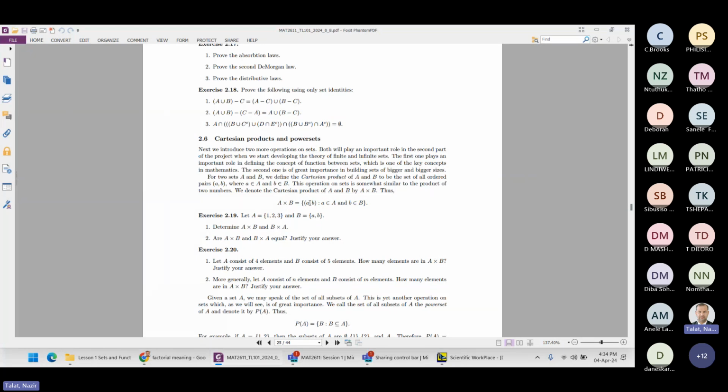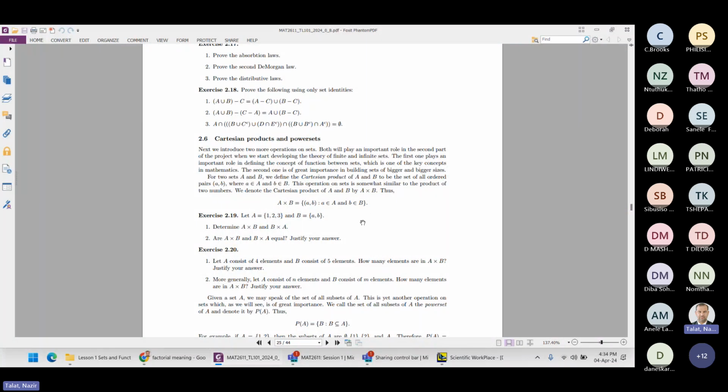Similarly, for B cross A, the first element in the ordered pair will be an element of B, and in the second place, an element of A. Both contain six elements because 3 times 2 is 6, but A cross B and B cross A are not equal. Like (1, a) and (a, 1) are not equal.